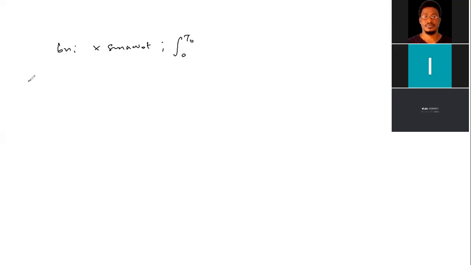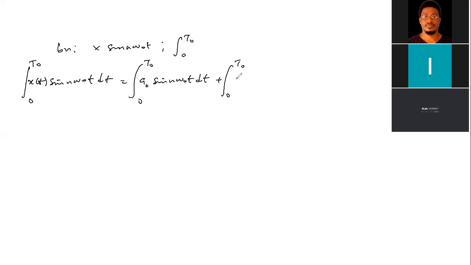So we perform the same thing. s(t) times sin(n ω0 t) dt, integral 0 to T0, will be the same as a_0 sin(n ω0 t) dt, integral 0 to T0, plus the integral 0 to T0 of a_n cos(n ω0 t) sin(n ω0 t) dt.